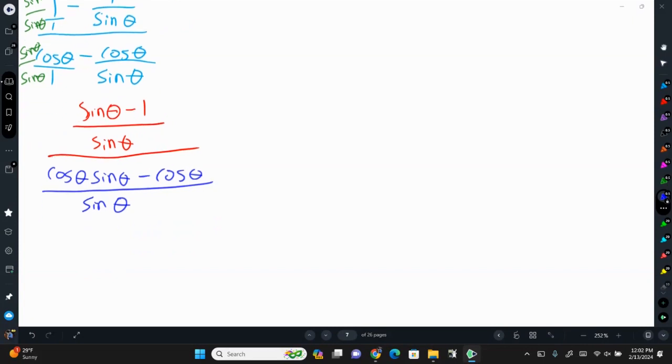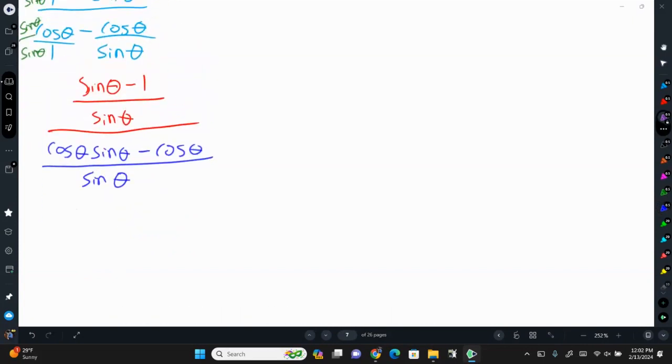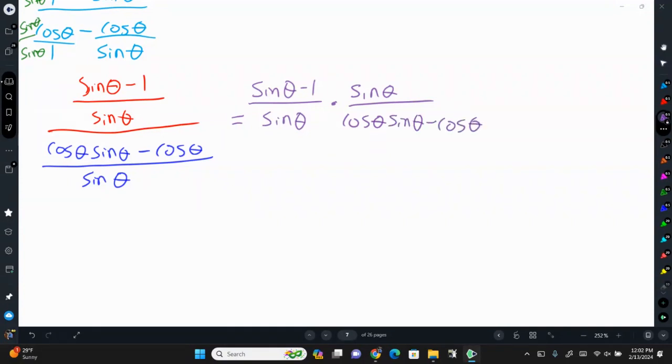So then we can multiply by the reciprocal. And it looks like I may run out of room, so I'm going to go over here. So sine theta minus 1 over sine theta times sine theta over cosine theta times sine theta minus cosine theta. Well, the sines can cancel off, and I'm also going to factor out a cosine from the denominator.